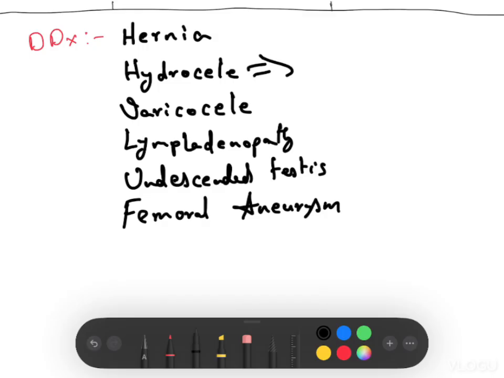In hydrocele, the transillumination test will be positive. In varicocele, when you are palpating, you can feel a bag of worms type of palpation. In lymphadenopathy, we can see firm nodes. If you are suspecting undescended testis, we can see an empty scrotum because we can't palpate the testis. In femoral aneurysm, the key feature is that it will be pulsatile.